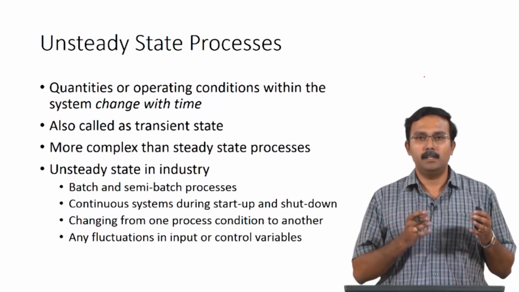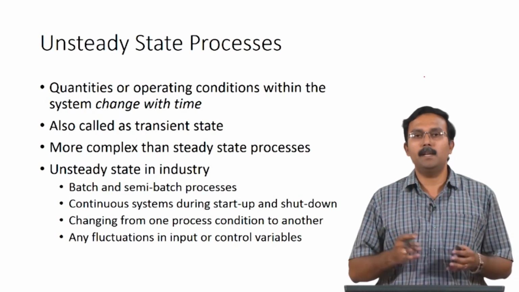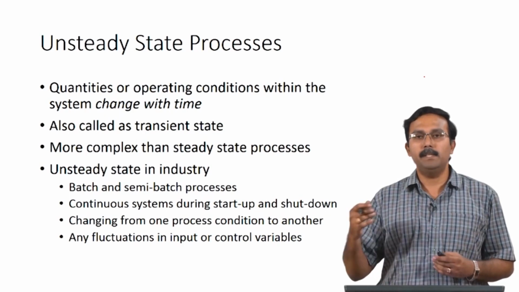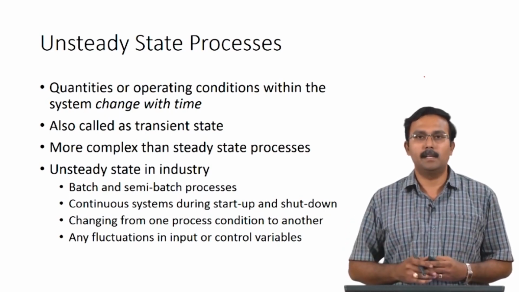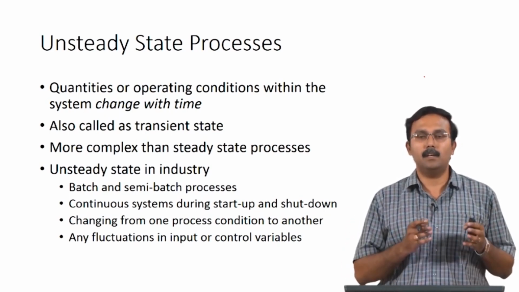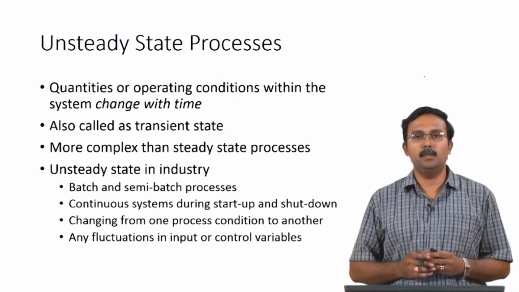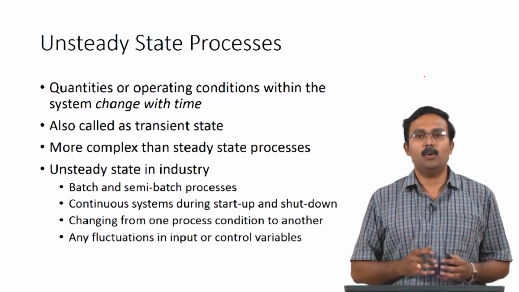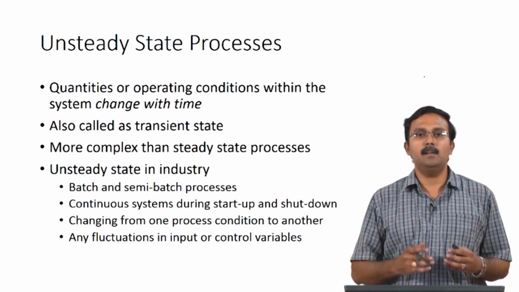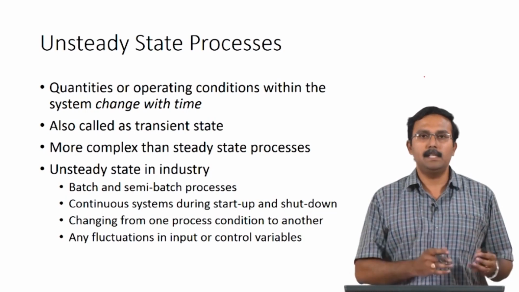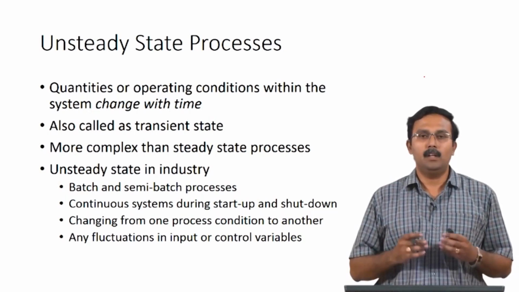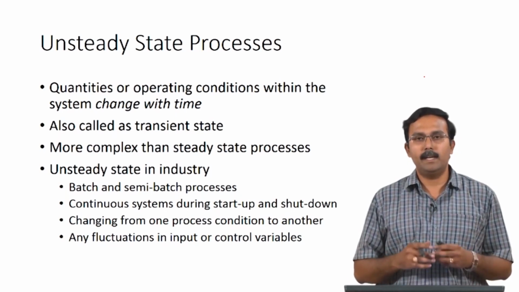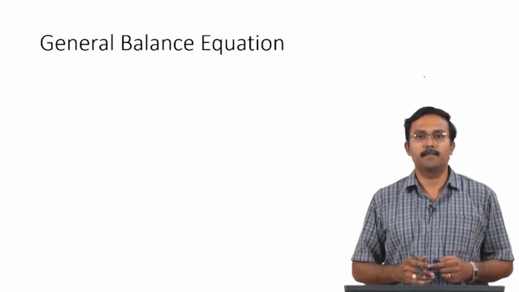However, every year or every month, depending on the size of the company, the processes might be shut down and started up again. During this initial phase of startup and final phase of shutdown, you would be experiencing unsteady state processes. There can also be unsteady state when one process condition is being changed to another. Also, if there are fluctuations in the input or control variables, you might experience unsteady state processes.